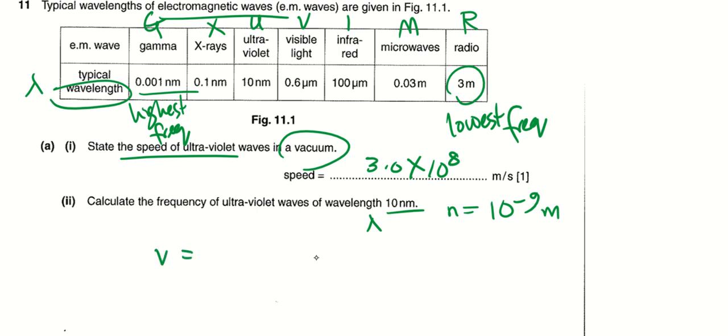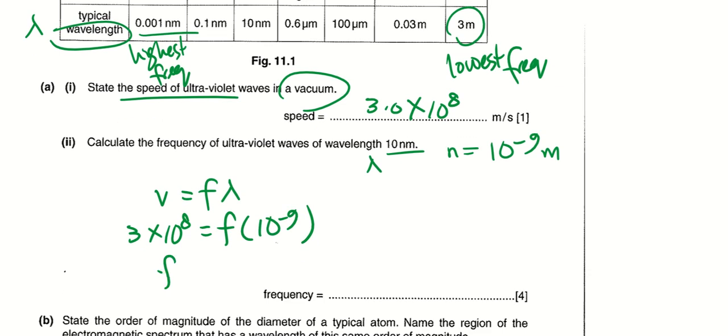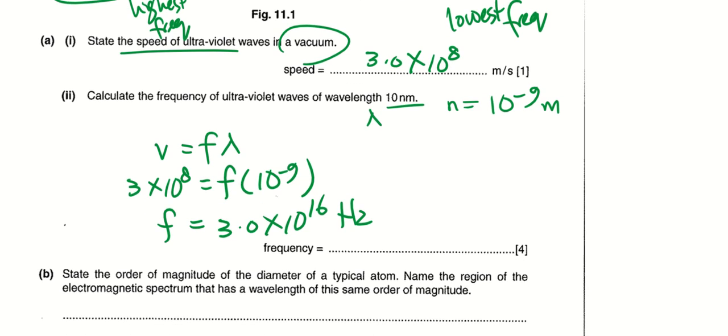Then the formula that we use is v equals f lambda. So 3 times 10 to the power of 8 equals frequency, which is unknown, times 10 to the power of minus 9. Then we do our math. The frequency will then be 3.0 times 10 to the power of 16 hertz. Okay? And this whole thing is 4 marks.